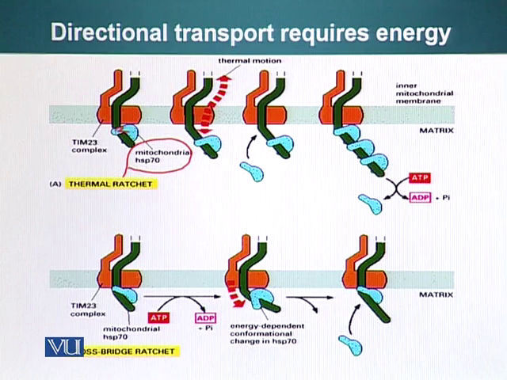So this protein is moving in and out of the TIM23 complex. As soon as it enters, there's a clamp which holds this protein from sliding back out into the cytoplasm. So our mitochondrial HSP70 is basically acting as a clamp, preventing the protein from sliding back into the cytoplasm.